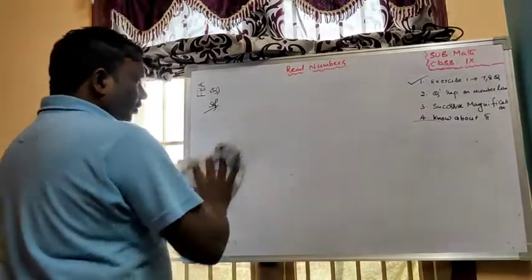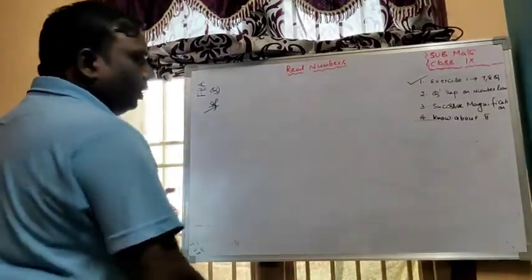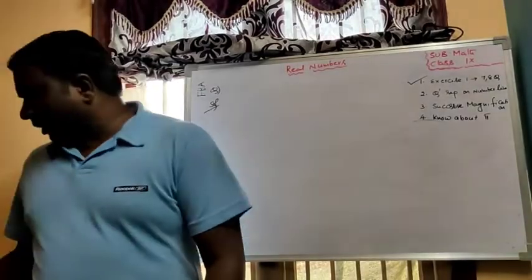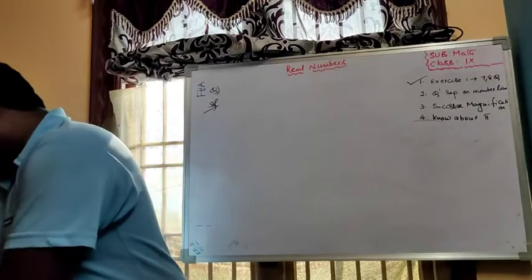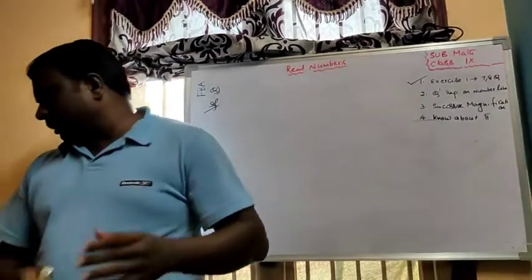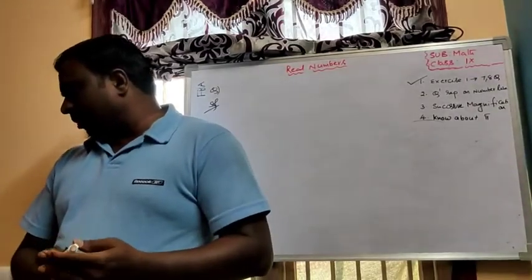Now, the number of irrational numbers in between two rational numbers, that is there in your textbook. A and B are two positive rational numbers such that AB is not a perfect square.